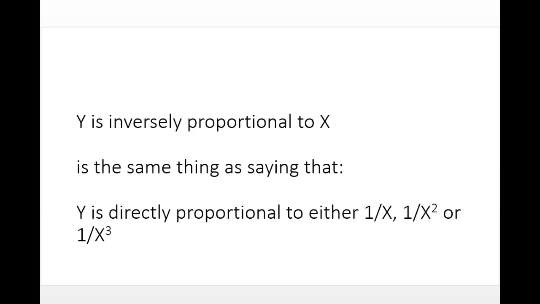Also, if you say that y is inversely proportional to x, that is the same thing as saying that y is directly proportional to either 1 over x, 1 over x squared, or 1 over x cubed.